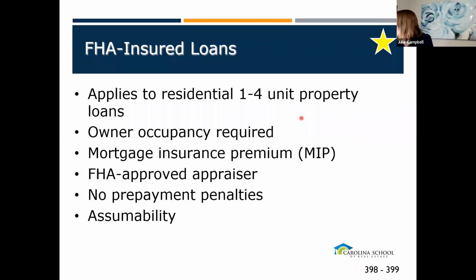Title II, Section 245, is our graduated payment. Section 251 is our ARM. So there's several different types of FHA loans. I would just focus on the big picture. The 203B is the most common FHA. Questions on FHA?